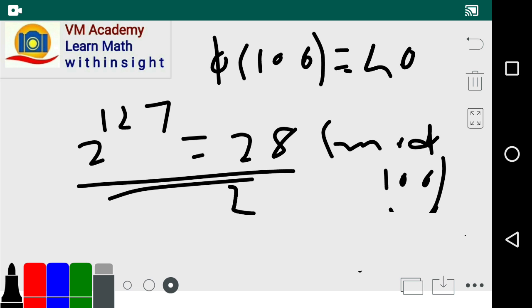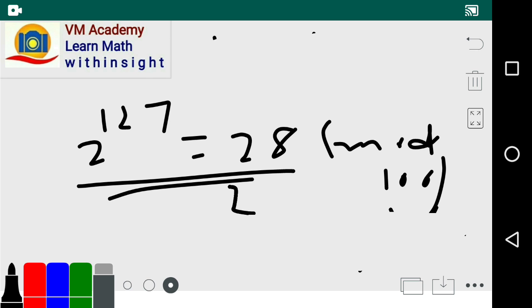Now here we cannot use the Euler-Fermat theorem because 2 and 100 are not co-prime to each other. So we have to use the Chinese remainder theorem, and in this way we applied it.